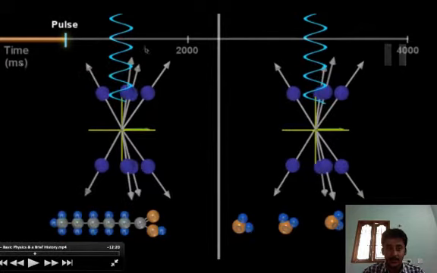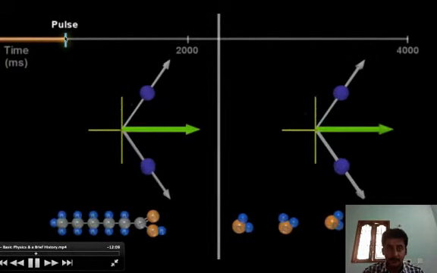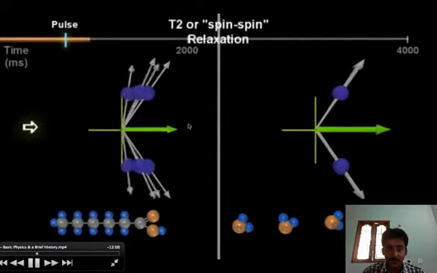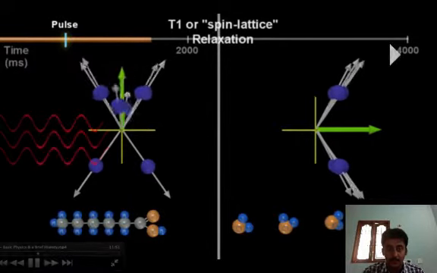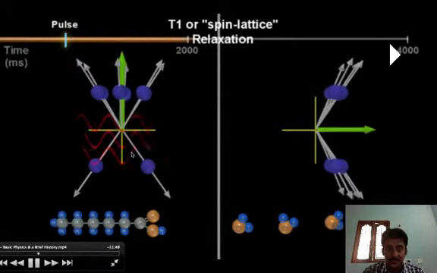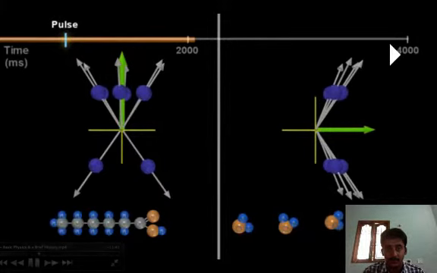We can see a time diagram here. This is the pulse applying time, and we have net transverse magnetization. First we have T2 relaxation, spin relaxation, and we have spin lattice relaxation. But in water molecules they still didn't relax, though they have undergone two types of relaxations.